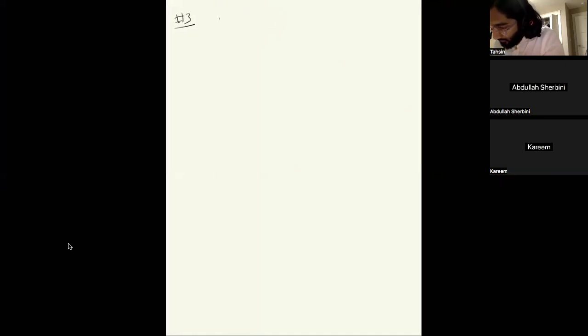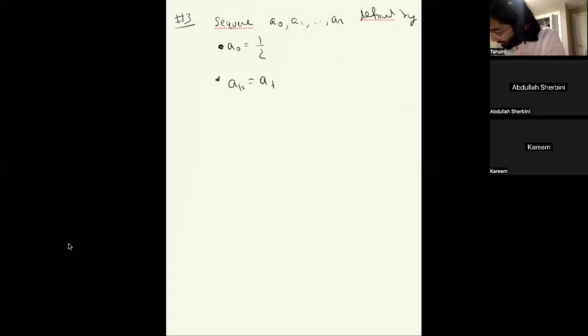You have a sequence A0, A1, ..., AN defined by A0 is 1/2, and AK equals AK minus 1 plus AK minus 1 squared over N, for K between 1 and N. What you want to do is prove that 1 minus 1 over N is less than AN, which is less than 1.